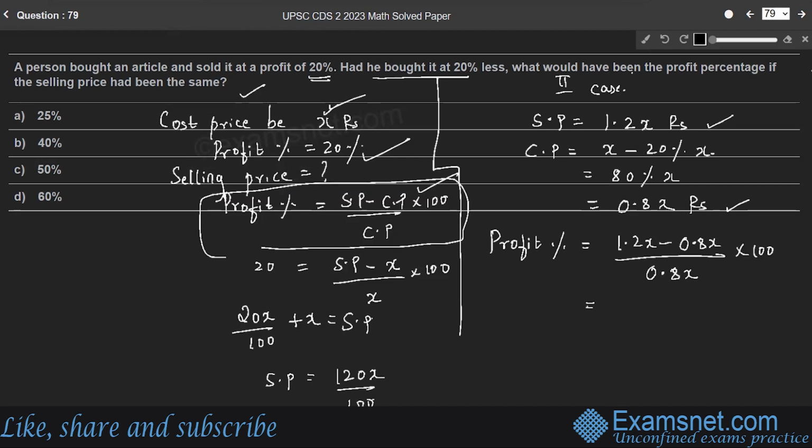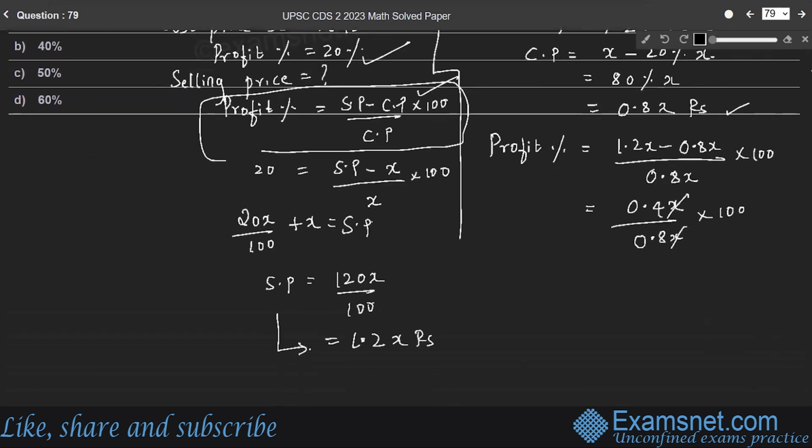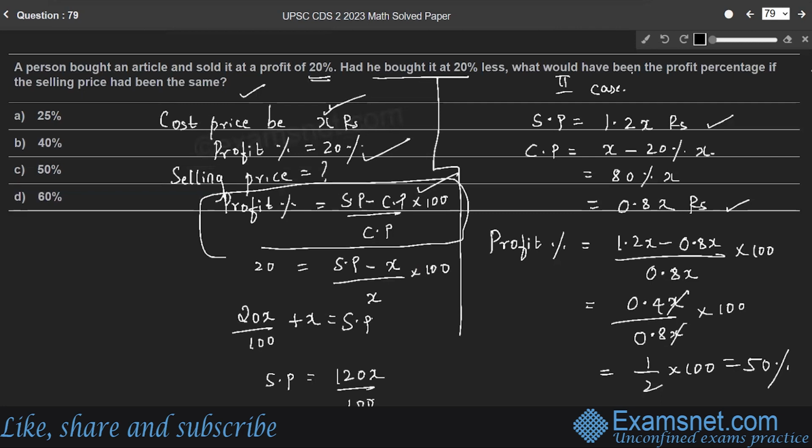Therefore, 1.2x minus 0.8x is 0.4x over 0.8x into 100. x and x get cancelled. So 0.4 by 0.8 is 1 by 2, into 100 is 50% profit. So if he had bought it at 20% less price, he will gain 50% profit. Option C is the right answer.